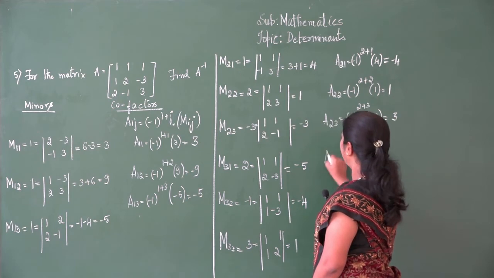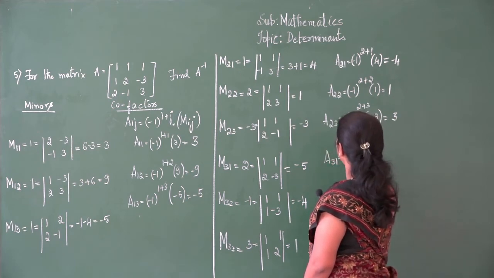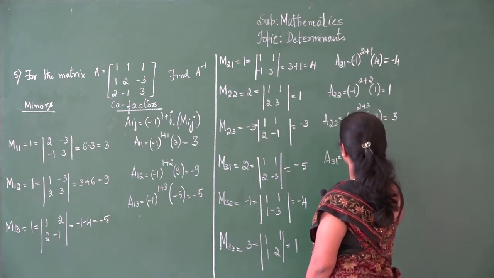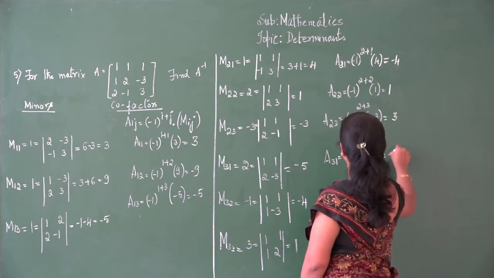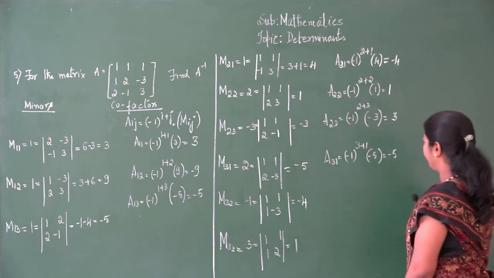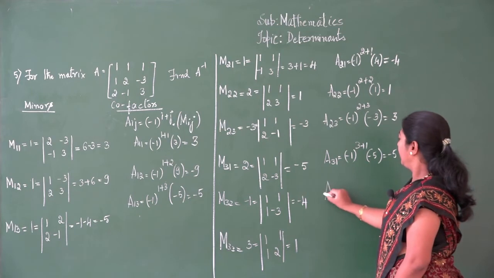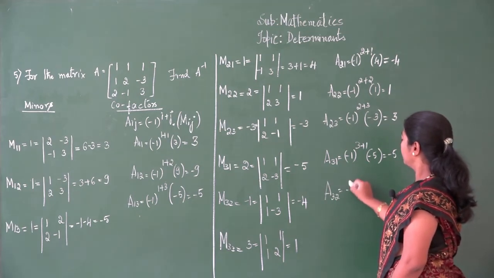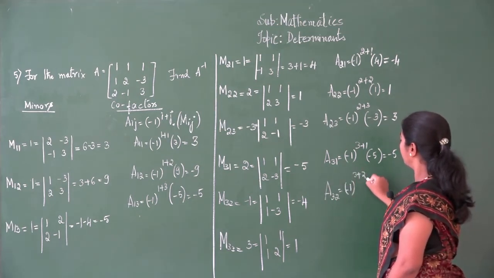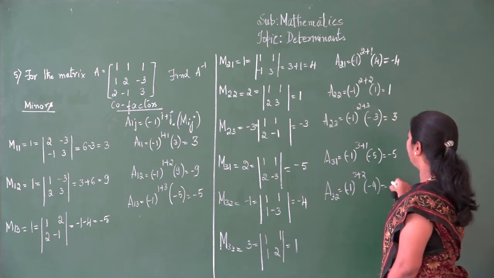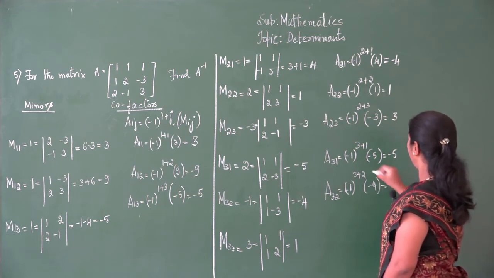How do you find A31 now? Minus 1 to the power 3 plus 1 into minus 5 will be minus 5. A32, minus 1 to the power 3 plus 2 into minus 4 will be plus 4.